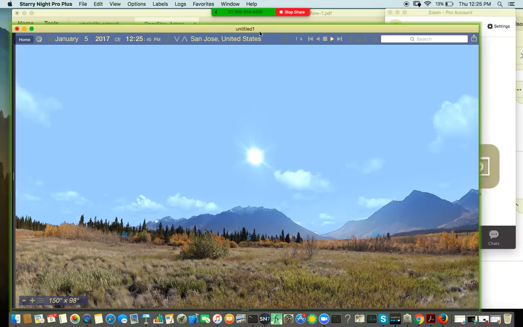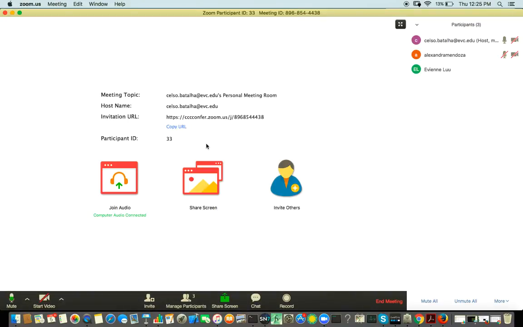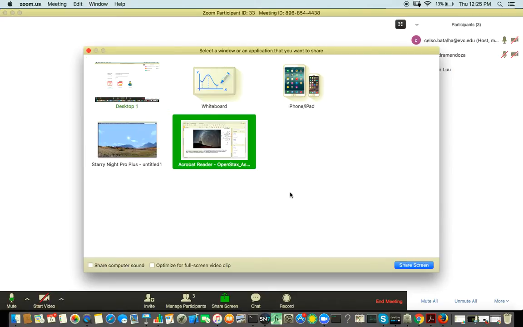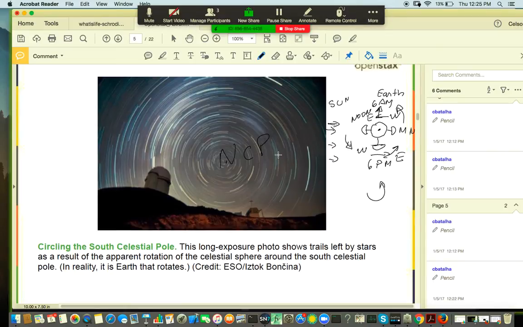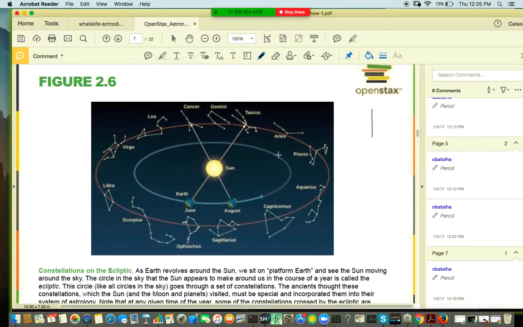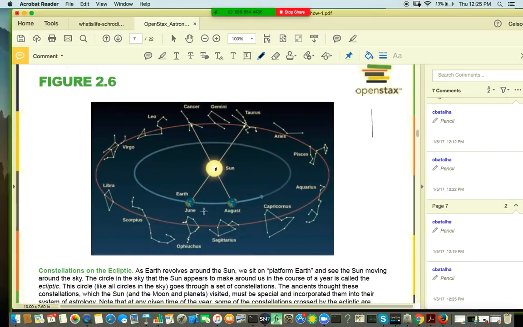So by Earth revolution around the Sun, let me go back to our PowerPoint. Right here. So in this diagram, it shows the Sun in the center and Earth going around the Sun as it goes.